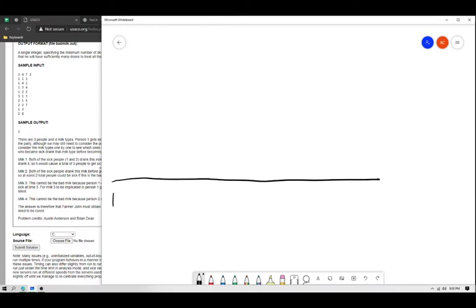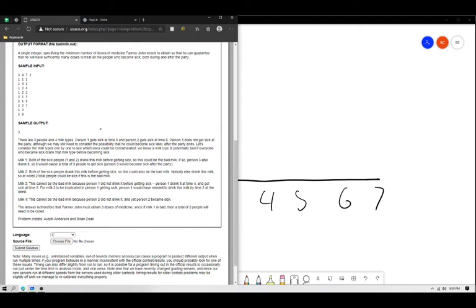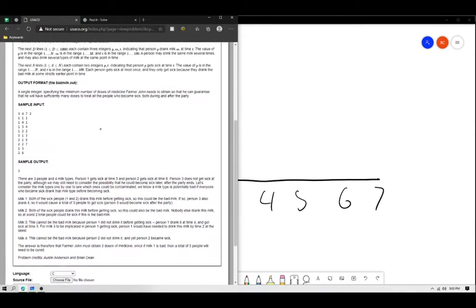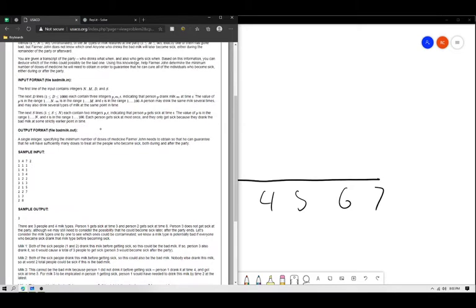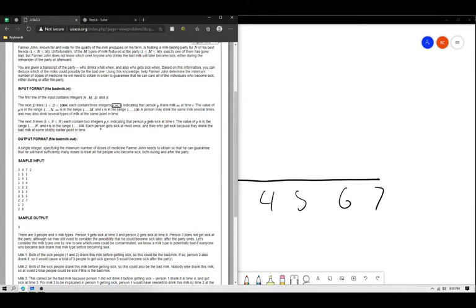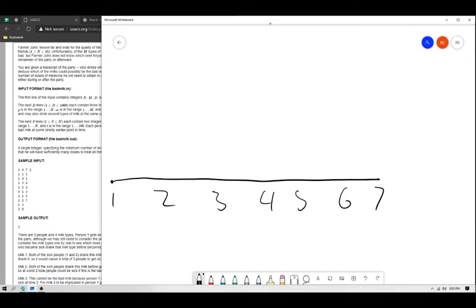Alright, time 1, 2, 3, 4, 5, 6, 7. At time 1, person 1 drinks milk 1.